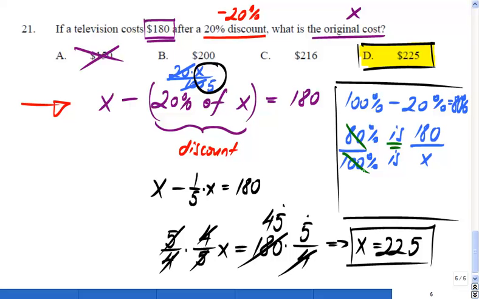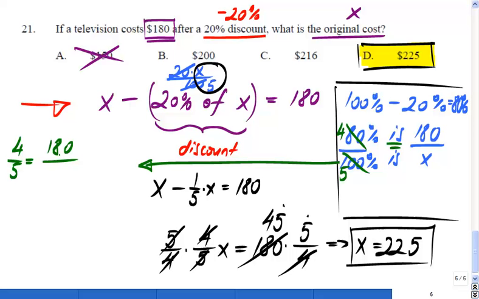If you divide the top and bottom by 20, you get 4 over 5 equals 180 over x. And let's take it on the other side. So my new proportion will be 4 over 5 equals 180 over x.